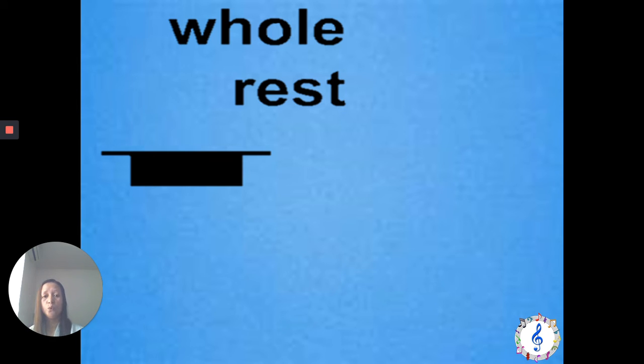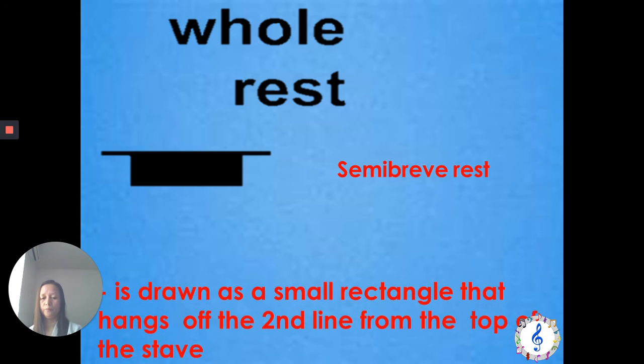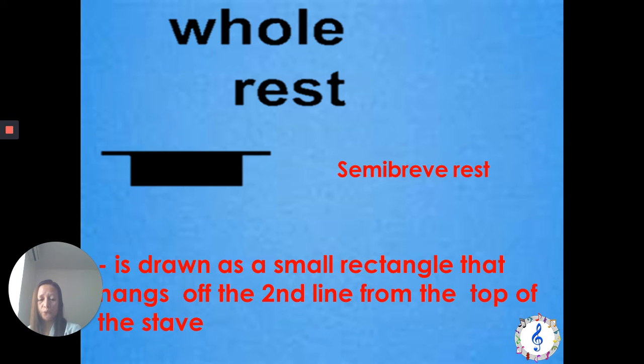One is the whole rest, also called the semibreve rest. A whole rest is drawn as a small rectangle that hangs off the second line from the top of the stave.